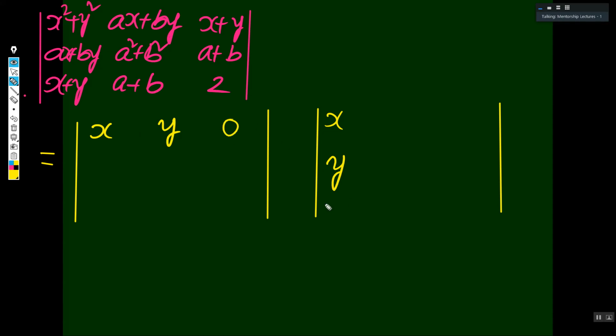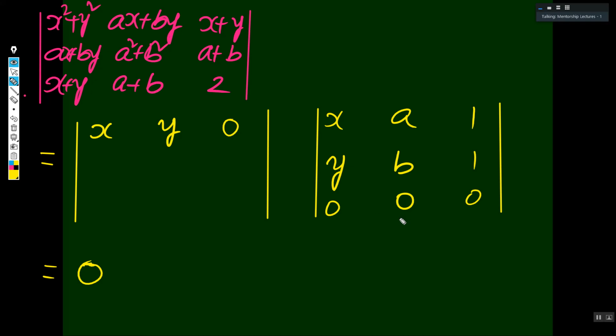This is 0. Let me try like this. And the second element is ax plus by. I'll write it as a, b, 0. That's perfect. So ax plus by, correct. Next, x plus y. That means you must have 1, 1, 0. Obviously, this is 0. That's it.